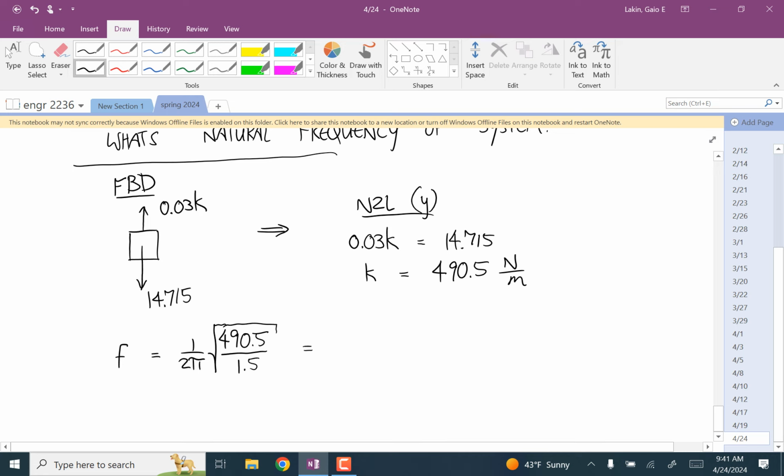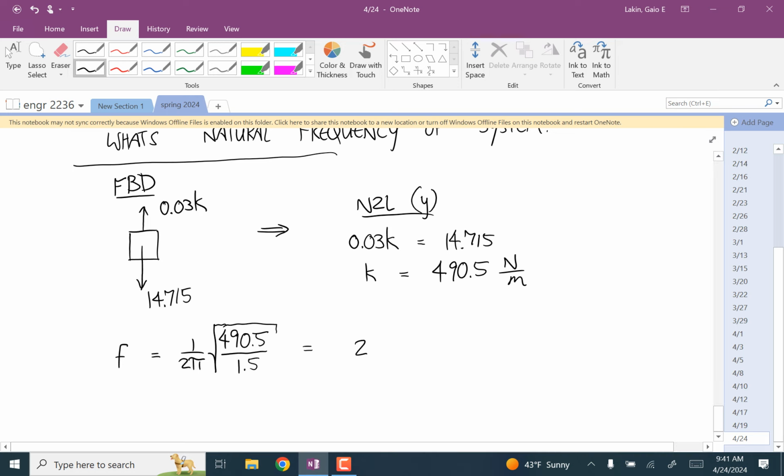And can someone divide that for me? I got 2.87 or 2.88.